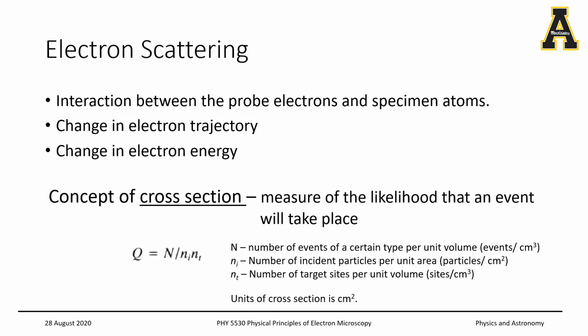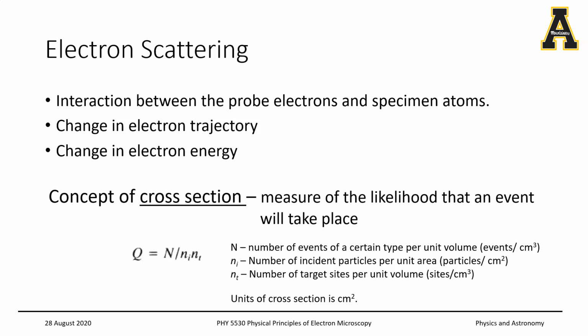And as the electrons hit the specimen, you have changes in the electron trajectory, changes in the electron energy, and as a user, we are going to monitor these changes to extract information of the specimen, to understand and delve into the electronic and chemical composition of the specimen.